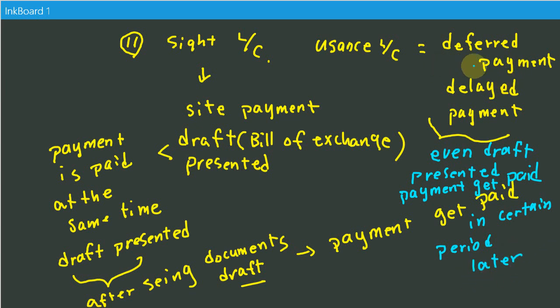Okay? This is the usance LC, right? These are the two differences.